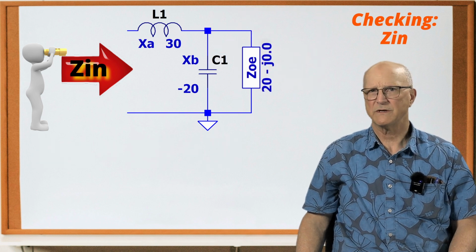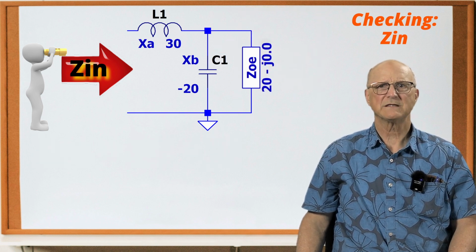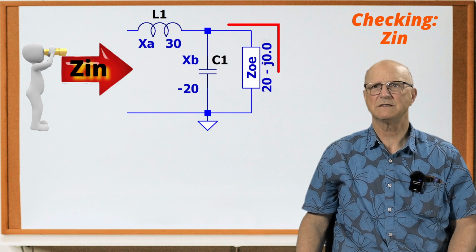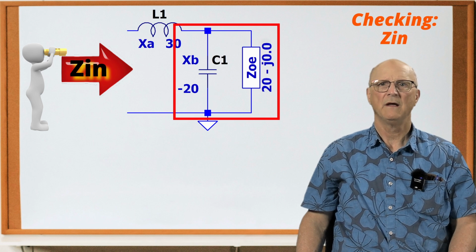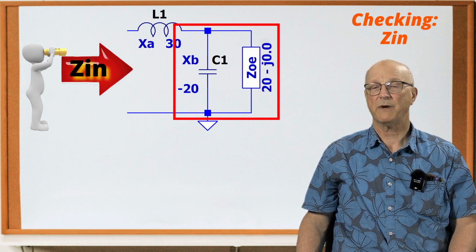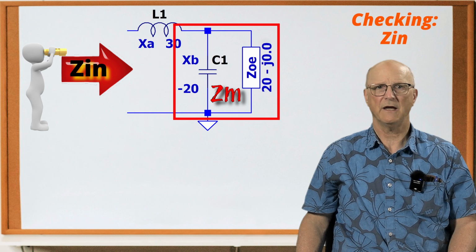Now, as we look at the resulting schematic, we can see that this ZOE is in parallel with the capacitive reactance of C1. I will call the impedance of this parallel combination Zm.